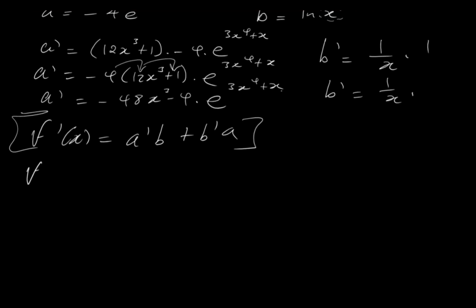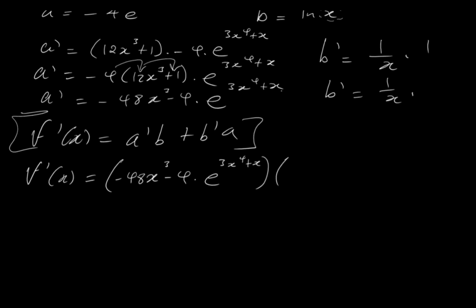So now this means that f prime of x is equal to, what is our a prime? It's minus 48x to the third minus 4 times e to the 3x to the fourth plus x.